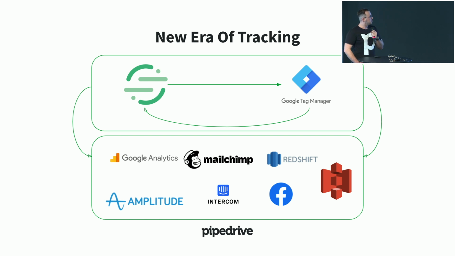So what happened is that there's basically a new era of tracking in Pipedrive, and it consists of Segment and Google Tag Manager. Whatever we're tracking with Segment goes into Google Tag Manager. Whatever we cannot track with Segment, we track with Tag Manager, but it goes back to Segment.